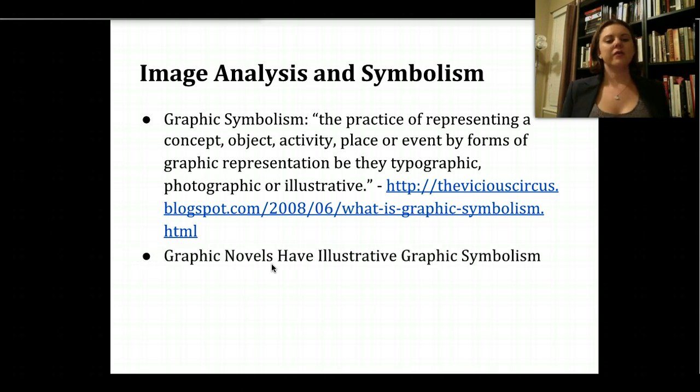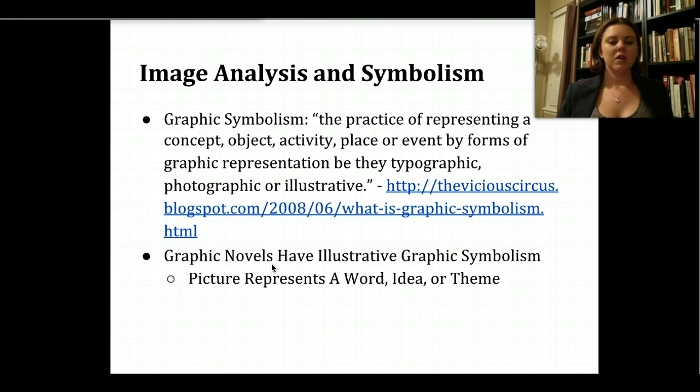Graphic novels generally use illustrative graphic symbolism, and so that concept, object, activity, place, or event is represented via the illustration. The picture then represents a word, idea, or the theme of a text.